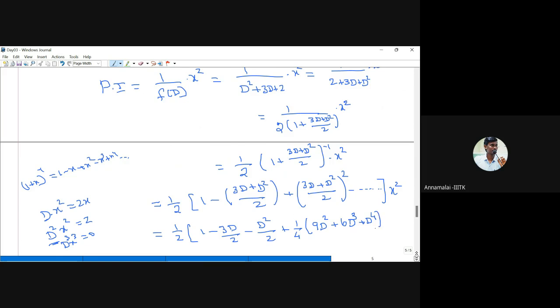Even if you take the next term, you have a cube. Therefore, all the terms contain the derivative of order 3, so D cube. Therefore, it must be 0. Therefore, no need to write all other terms into x square.